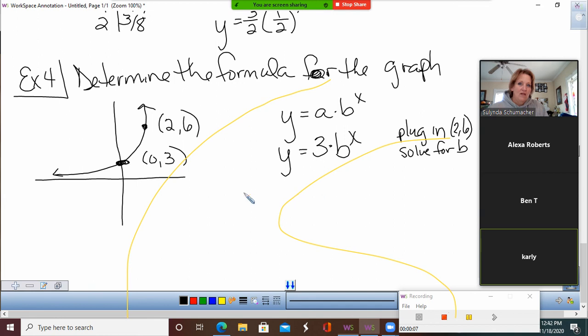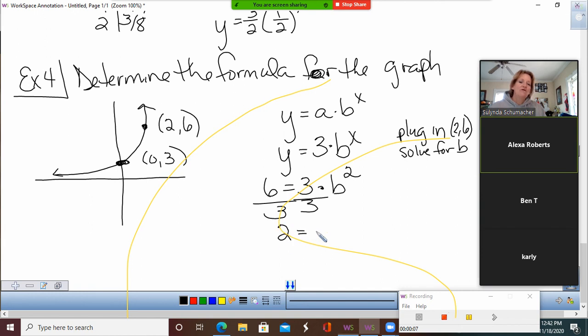Okay? So we have our y value is 6 equals 3 times b to the second power. To solve this, we start by dividing by 3 on both sides. We get 2 equals b squared. And now how do I solve it?